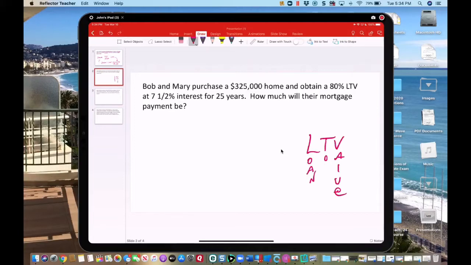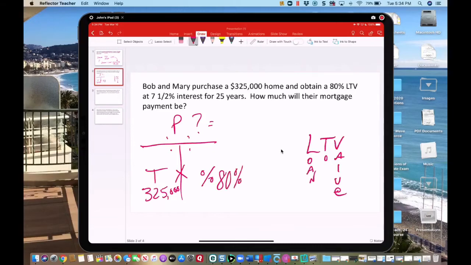So if they purchased a home for $325,000, remember our T problem, part, total, percent. 325 is going to be your total. It's a bigger number. We're solving for the smaller number, the loan amount, and they received an 80%. And John says, move your decimal over 2 places, so that's going to be 0.80.